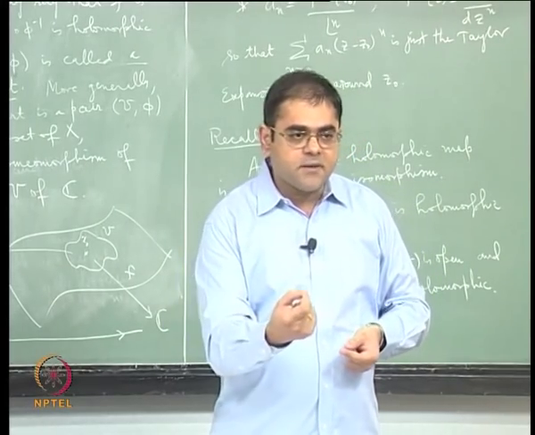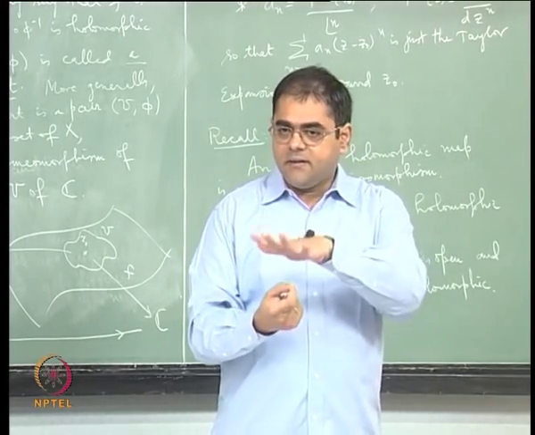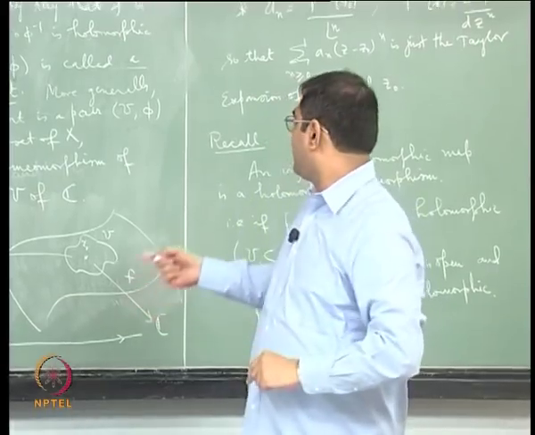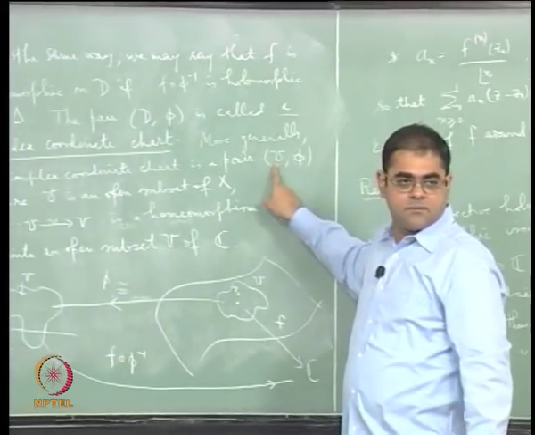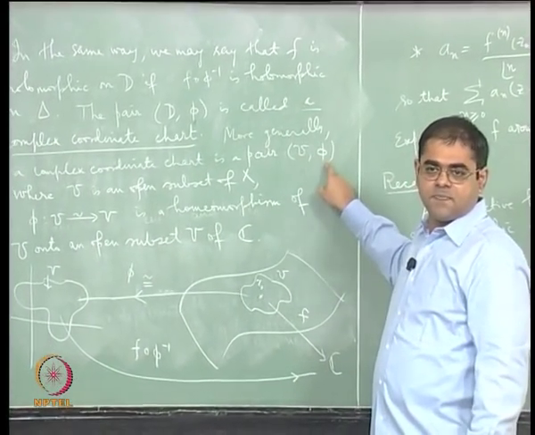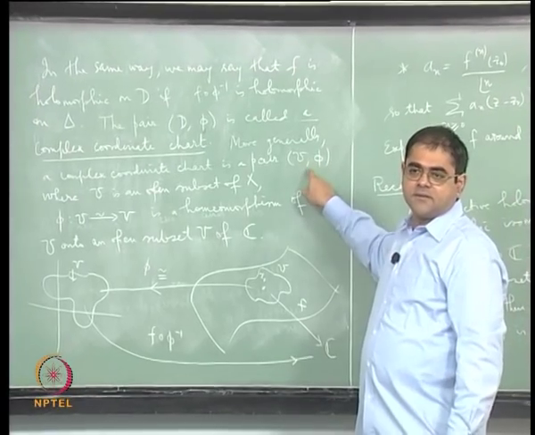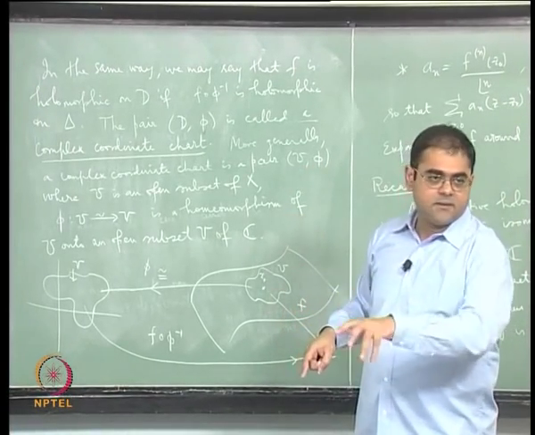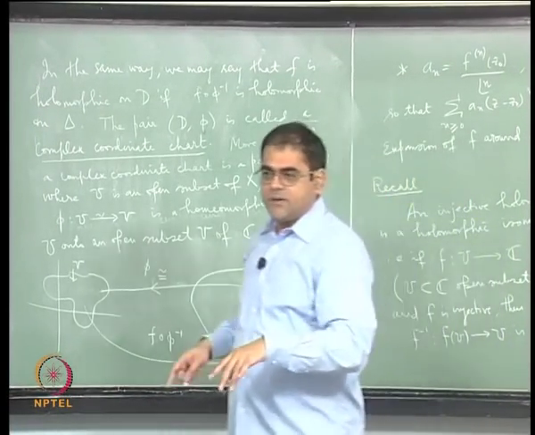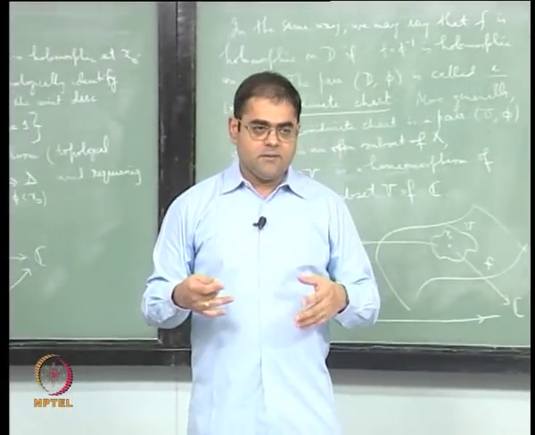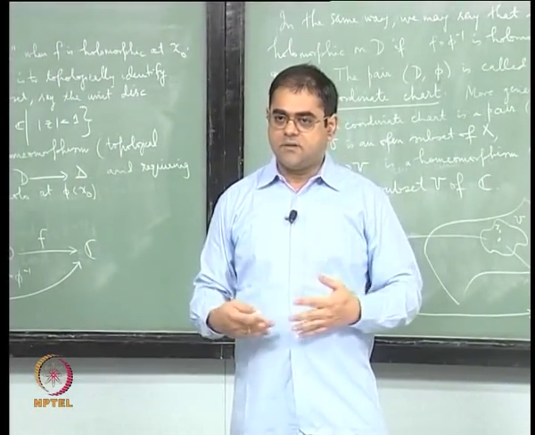So given any point on the Riemann surface, it should be contained in a chart, it should be contained in the U member of a chart, so that I can use that chart to do complex analysis in that neighborhood of that point. So this could be taken as the working definition or the first definition.